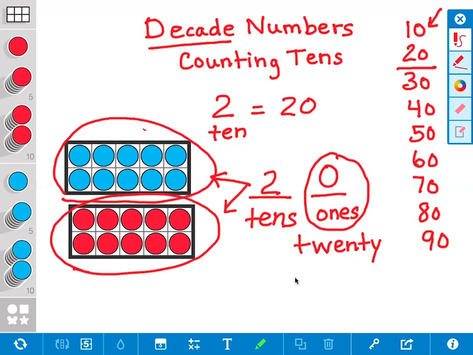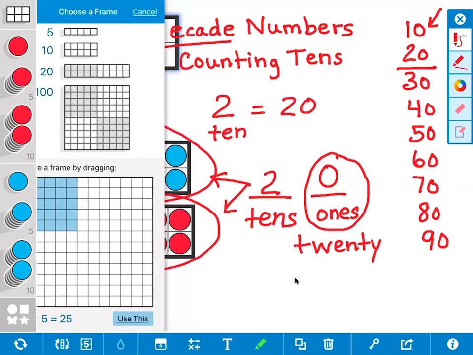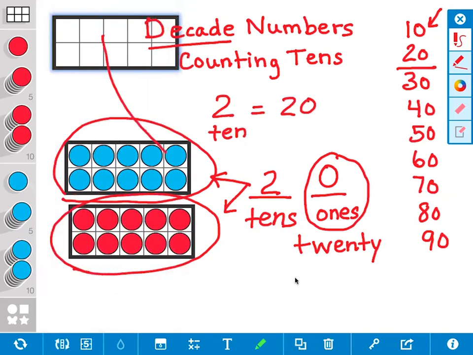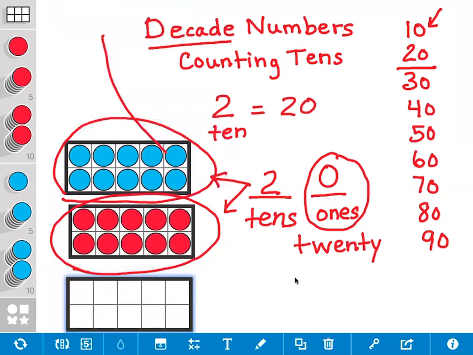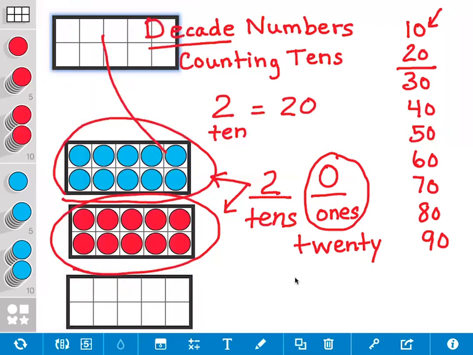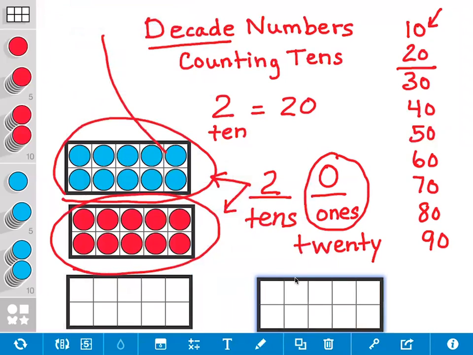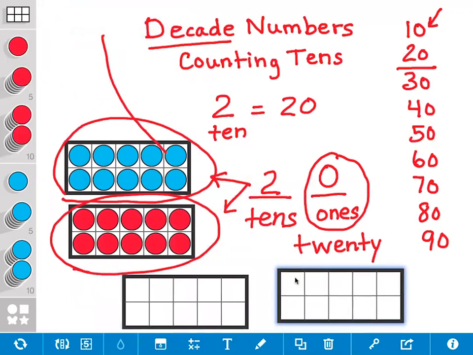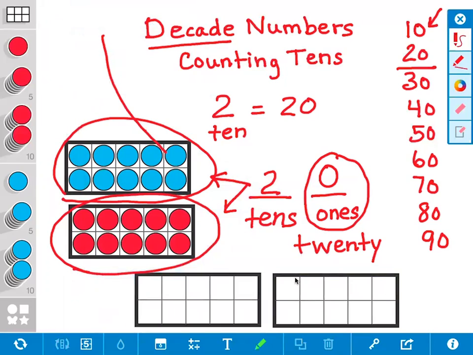Now, let's look at another one. I'm going to move this down here where we have a little room where we can see them together.